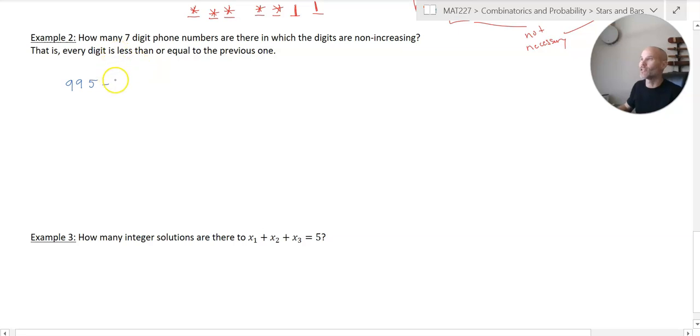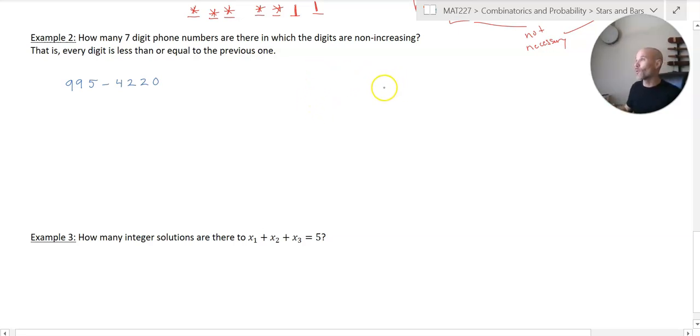So maybe the next digit is a 4, meaning the next digit can be a 4, 3, 2, 1, or 0. So maybe the next digit is a 2, and then the next digit can't be anything bigger than a 2, so maybe it's another 2, and then maybe a 0. So that would be a valid phone number, because you notice that the digits are non-increasing. Non-increasing does not mean they can't be the same, it just means they can't be increasing in sequence.